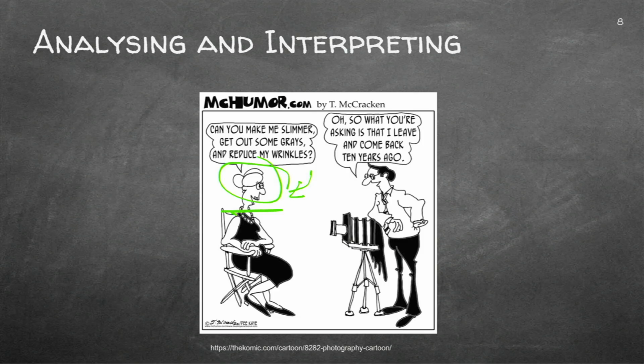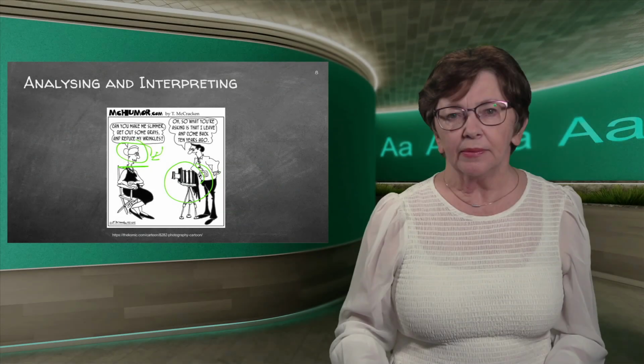She's fluttering her eyelids, and she's suggesting that she wants to become prettier. He must now just fix this photograph. It's obviously in the old days. Now we can fix it very easily, as we know. But what he says is, oh, so what you're asking is that I leave and come back 10 years ago. So in other words, I must come back in 10 years.